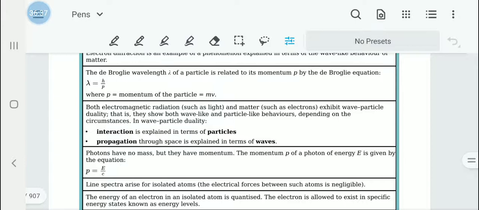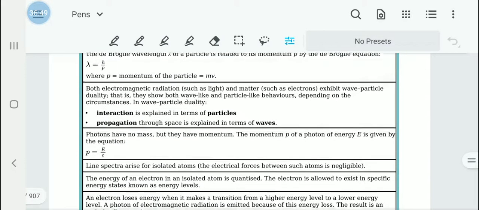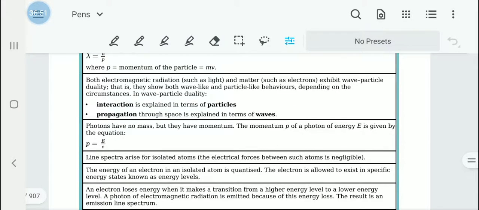which you have to remember: lambda equals h upon p. p is the momentum of the particle. Therefore, we can write the equation as lambda equals h upon mv. Then electromagnetic radiation such as light and matter such as electrons exhibit wave particle duality.